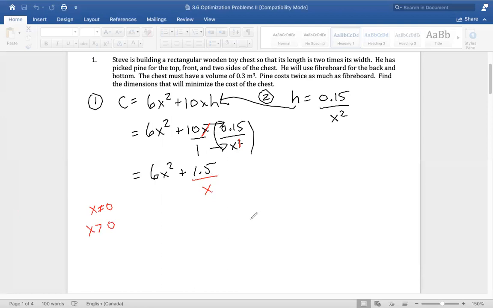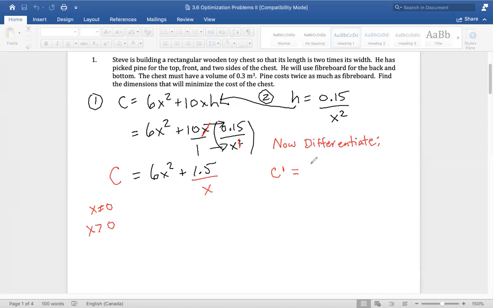So that's as far as I can go, but that's my now cost equation, so C. So now let's differentiate. So just over here, let's take the derivative, differentiate, do C prime.